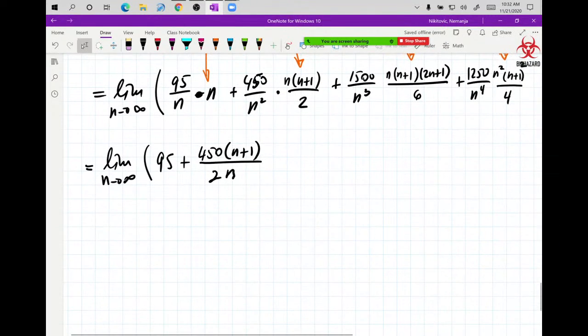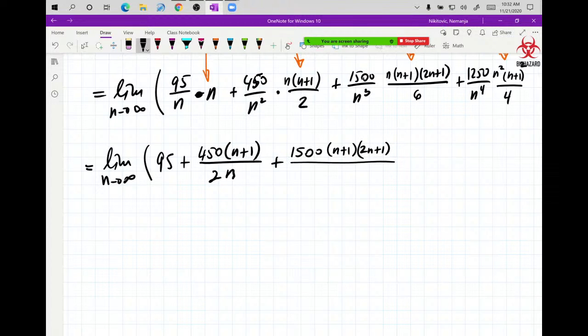Plus 1500 times n plus 1, 2n plus 1, divided by 6n squared, since one n cancelled, plus 1250 times n plus 1 squared over 4n squared. I cancelled 2 of the n's over there.